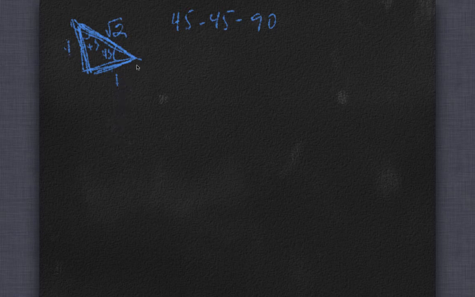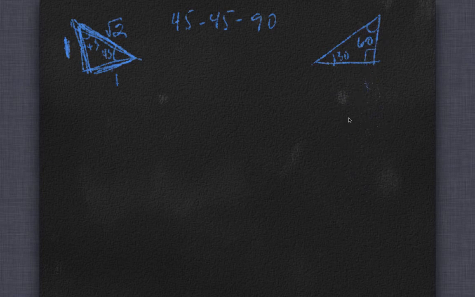So that's pretty straightforward. If these are 45, then these are the same. It's an isosceles triangle because these angles match. So we've just talked about that. So hopefully you remember that. So 1:1 root 2. The other one that we care about is the 30, 60, 90 triangle, which is why when I got 30 and 60 in the previous problems, I didn't go punch it in or look it up, because we want to memorize the special triangle relationships.